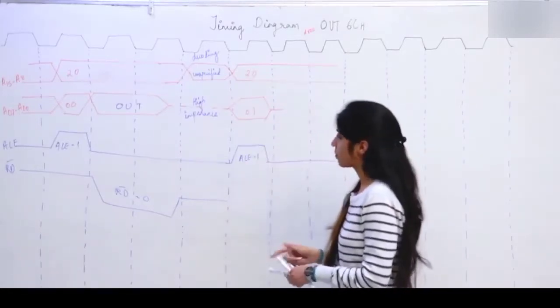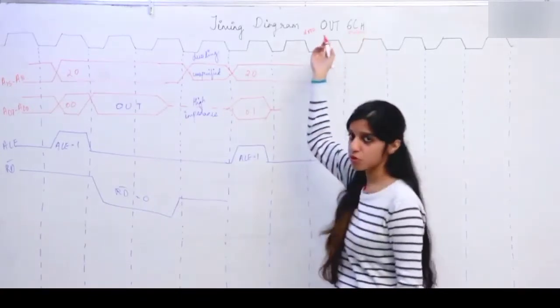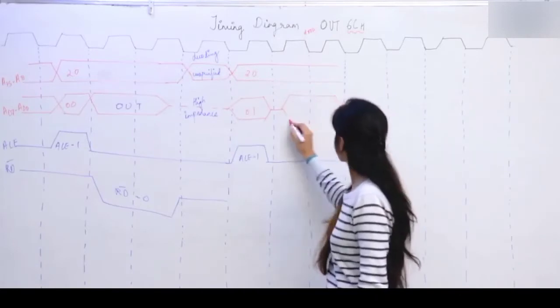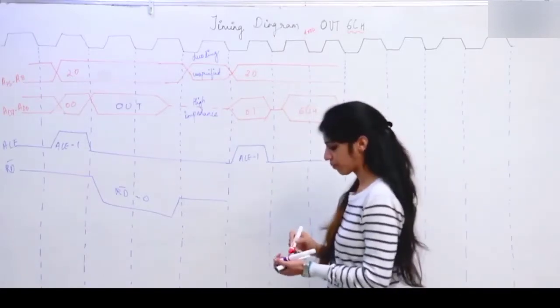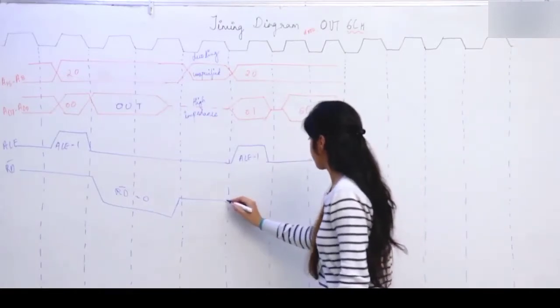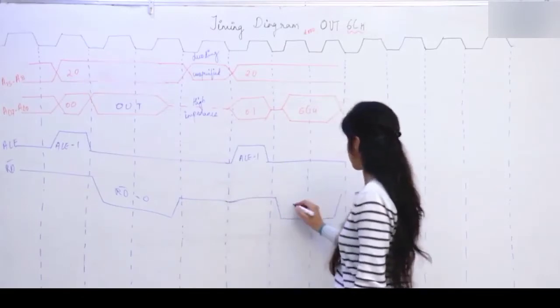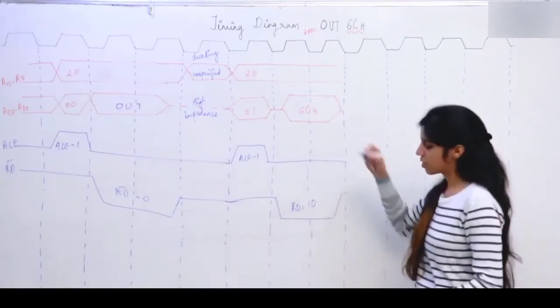Now what is going to come in the data bus? This address was stored at 2001, so you are going to get 6C loaded in the data bus. To read this data from the memory, this read bar is an active low signal, so I am making it 0. Now this data has been read.